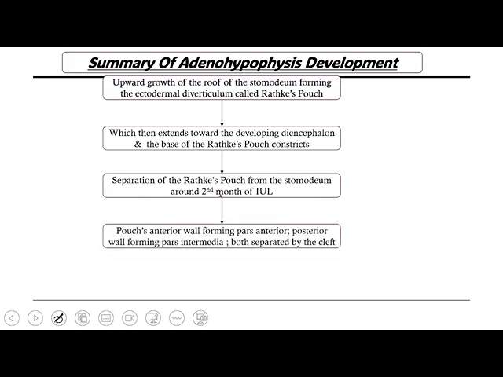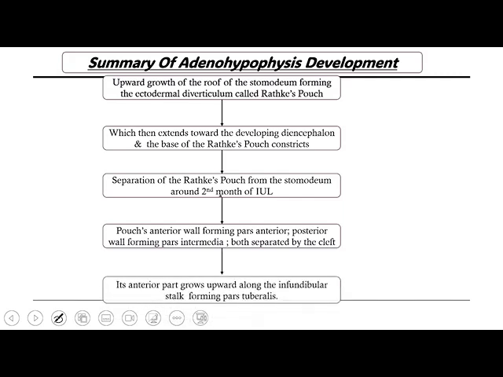And next, what happens is the anterior wall of the Rathke's pouch forms the pars anterior, that is the anterior lobe of the anterior part of the pituitary gland, and the posterior wall forms the pars intermedia, and both are separated by the intraglandular cleft.